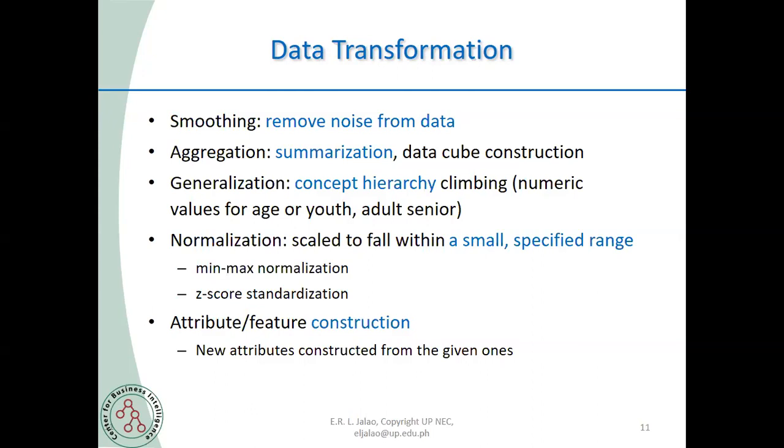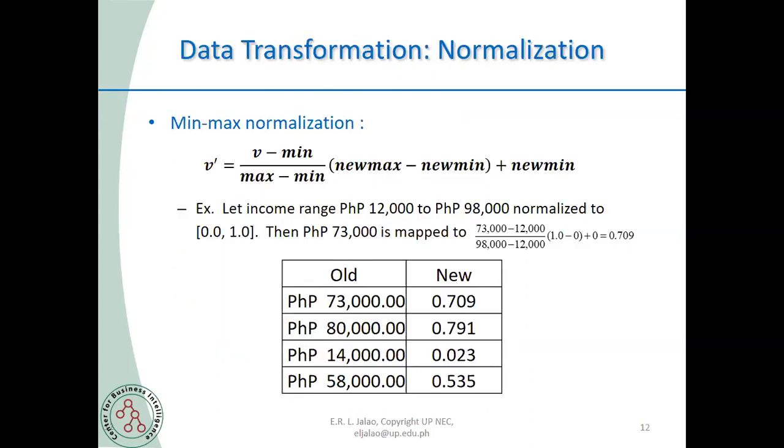And normalization is scaled to fall within a small specified range. So normalization includes the min-max and the z-score. And attribute or feature construction, new attributes constructed from the given ones.